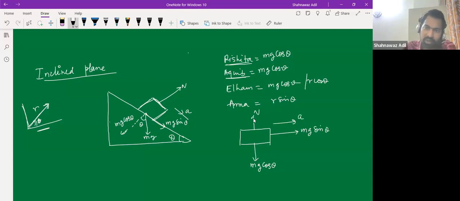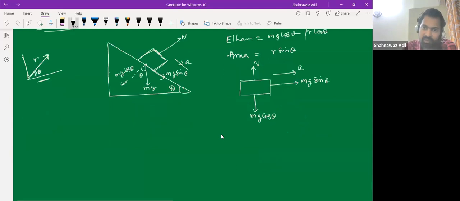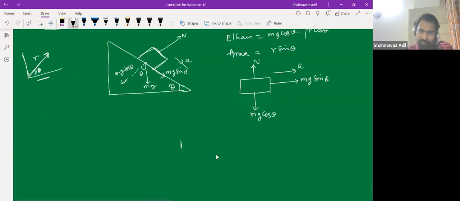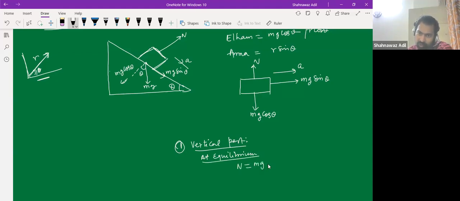If I write the equilibrium condition for the first case, what would that be? The vertical part, sir. Yes, mg cos theta. So the vertical part is at equilibrium, so the upward and downward forces are both equal. Yes, sir.